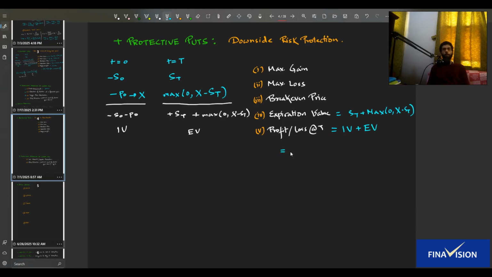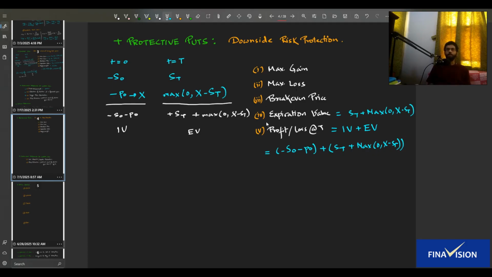This is equal to minus S0 minus P0 plus ST plus max of 0 and X minus ST, right? Now the obvious question is, how do we measure the maximum gain, maximum loss and break-even prices?